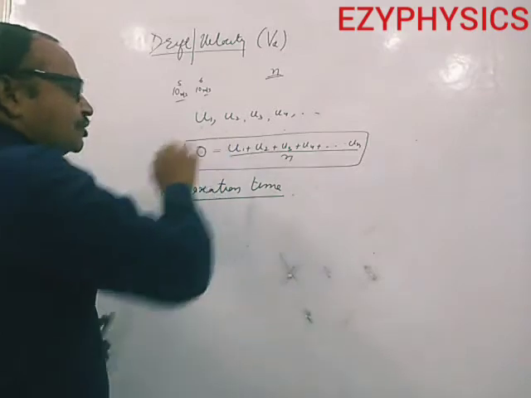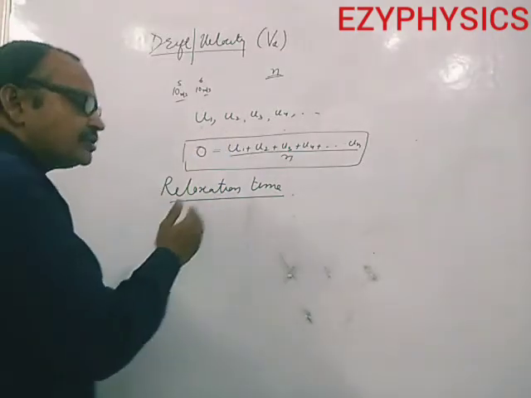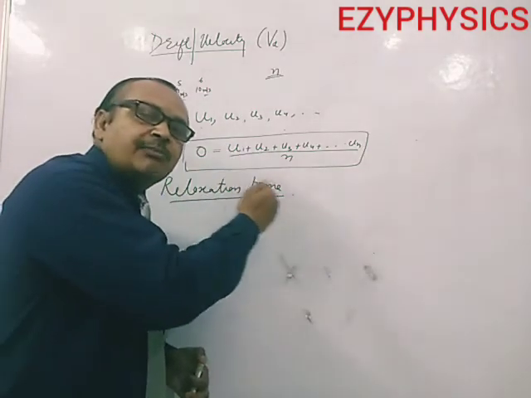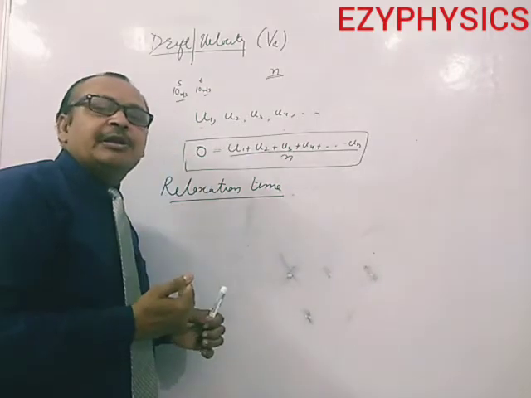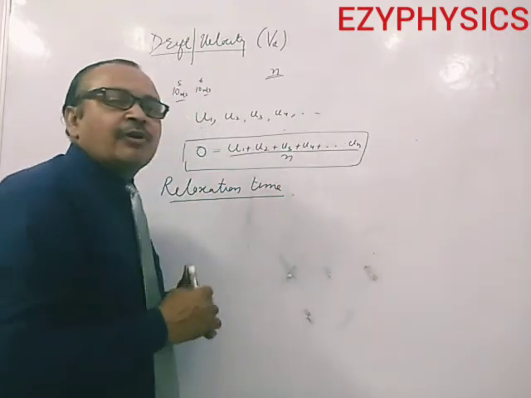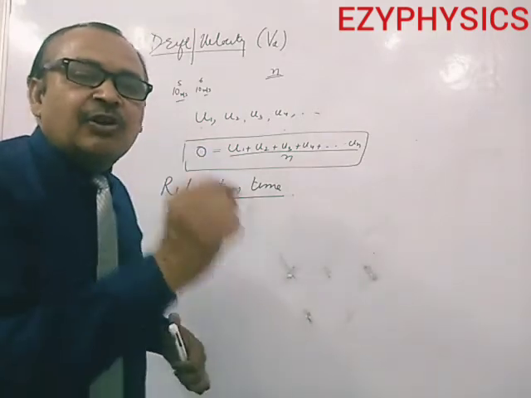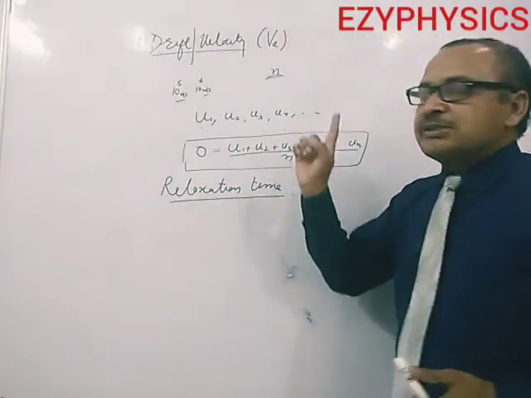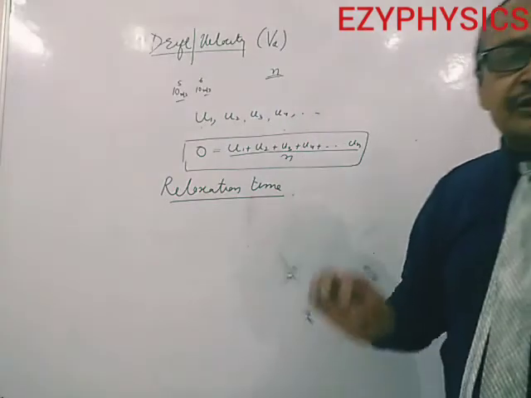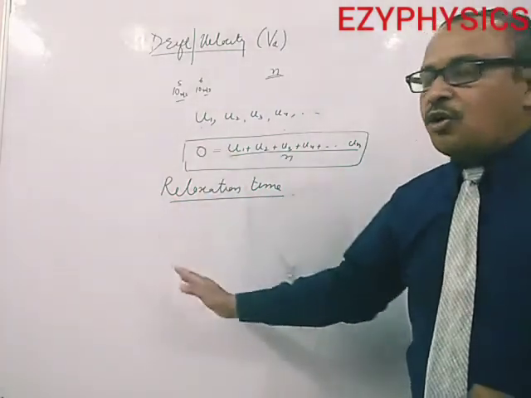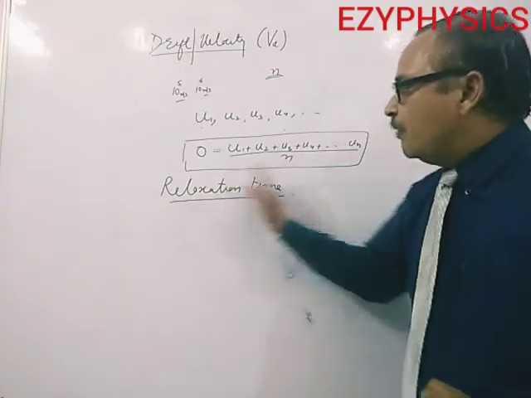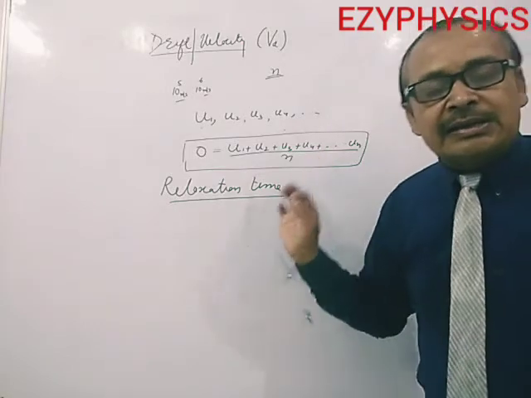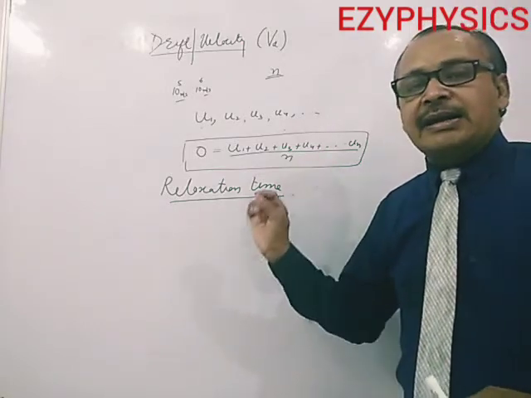Now the velocity with which these electrons are drifting, moving from one terminal of the conductor to another terminal, that average velocity is called the drift velocity. So drift velocity is basically the average velocity with which an electron moves from one terminal of the conductor to another under the action of the applied electric field.